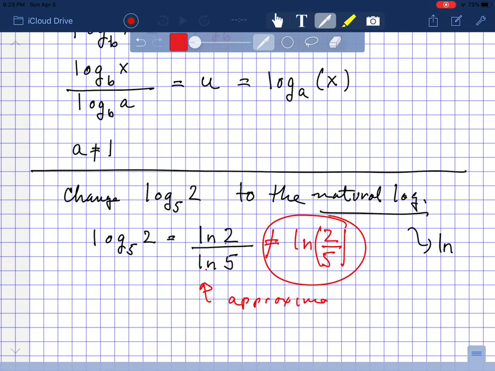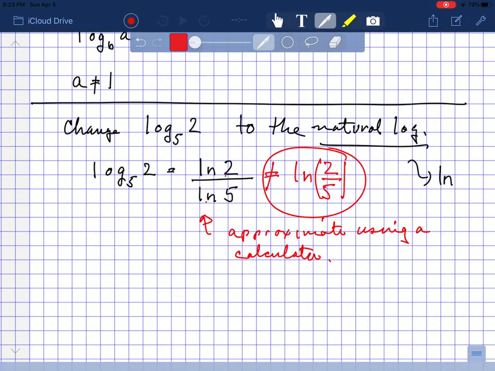And if you wanted to go further with this, you could approximate this using a calculator. But that's all you're doing. When you plug this into a calculator, you're only approximating it to, say, 10 decimal points.